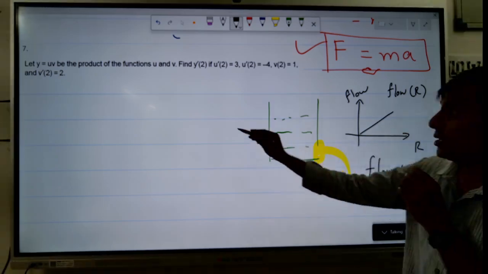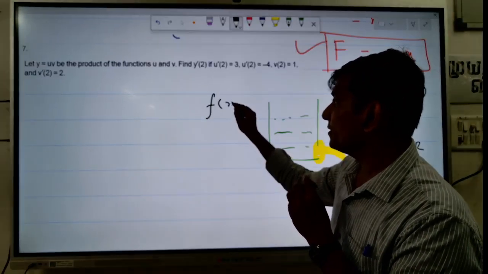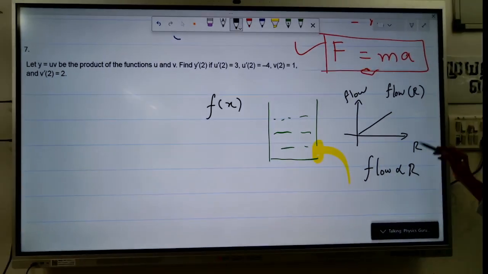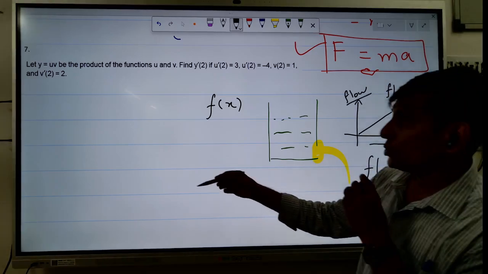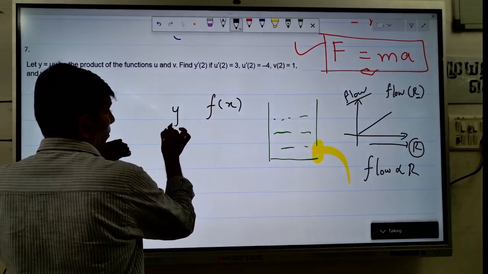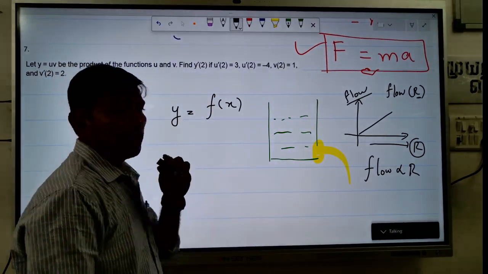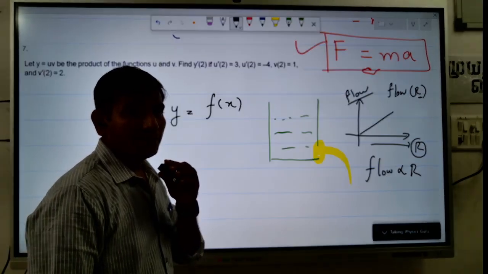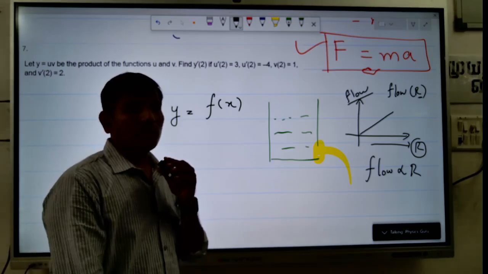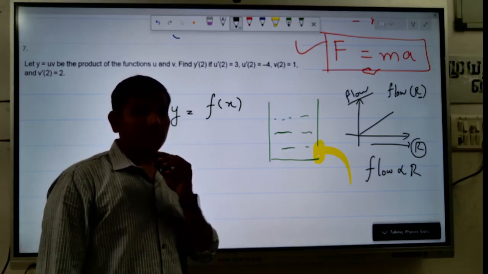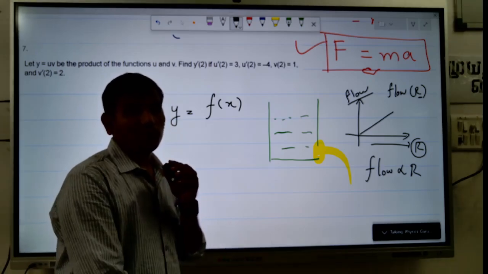This is what we generally call f of x, because here you have taken the radius along the x-axis. Got it? Flow is a function which is written on the y-axis. So we generally write the quantity on the y-axis as y is equal to f of x. This is what the meaning is. In grade 10 you must have come across f of x. Today you know the meaning of it.